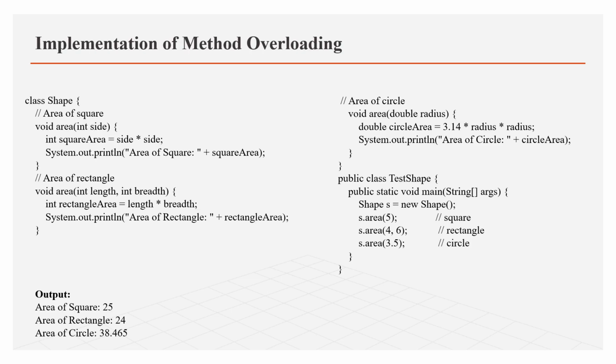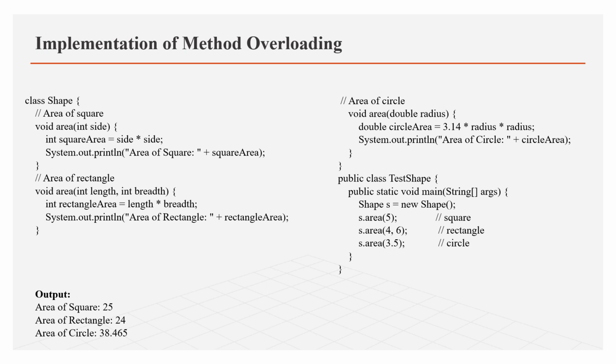This is the implementation of method overloading. You can see the class name is Shape, the method name is area, which is calculating the area of the square. Here it is calculating the area of the rectangle. Here we will calculate the area of a circle. Here we created another class with the name TestShape.